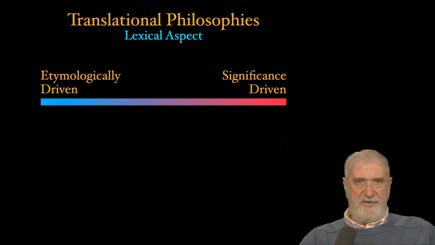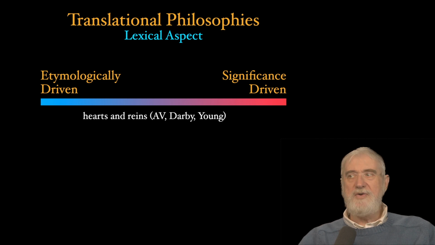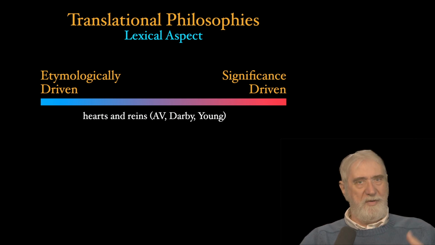Some older translations, the original King James, the Darby, and Young's literal translation, render this with the phrase hearts and reins, because reins, R-E-I-N-S, is an older word that refers to the liver, and not a word that we use much today.